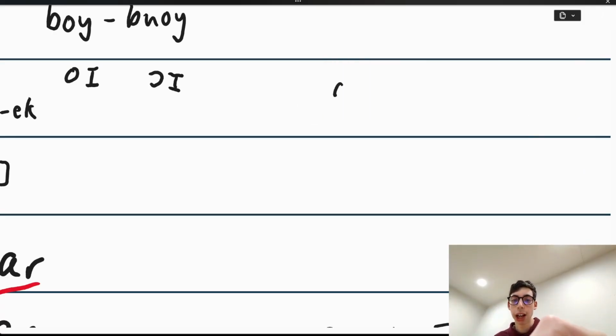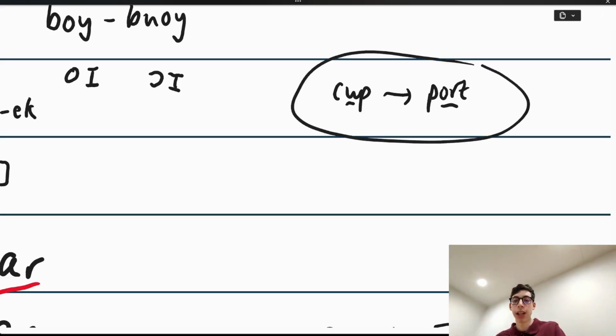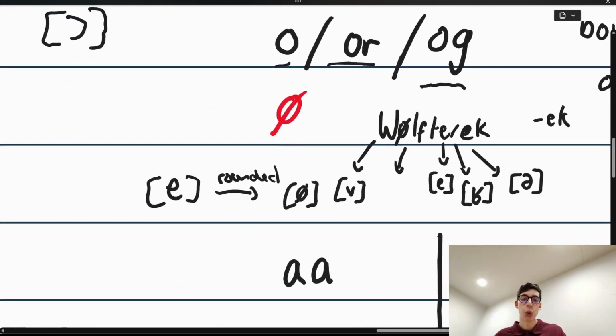But the in cup, if you then round your lips with that sound, you get the or in port. So if you want to practice rounding your lips while not moving anything else, you should be able to do this one correctly. And if you like, you can then kind of transpose that movement that you do from to or on air to u.